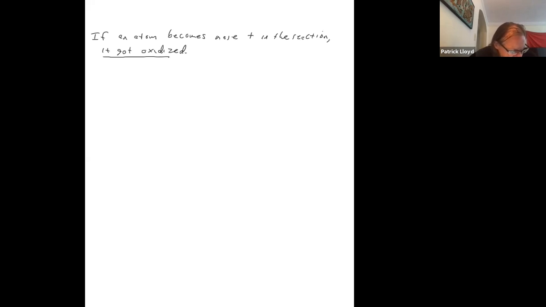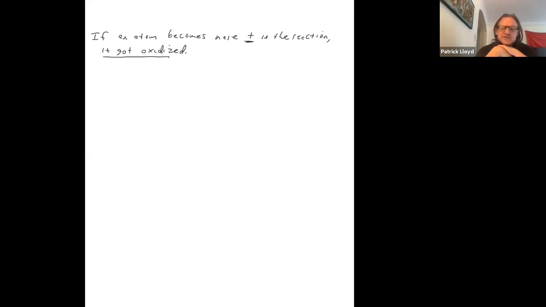So the idea is, if an atom becomes more positive in the reaction, it got oxidized. I'm trying to put that into simple words.